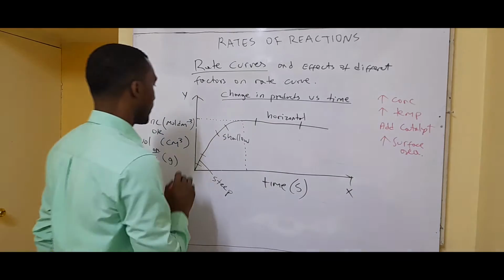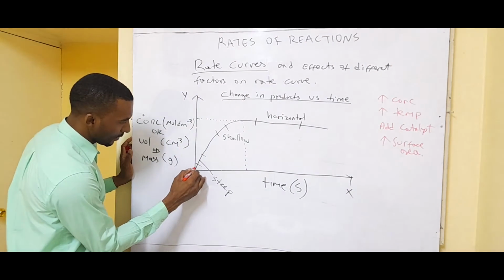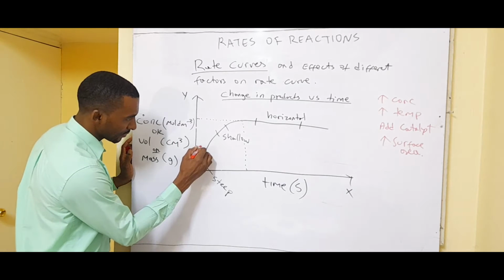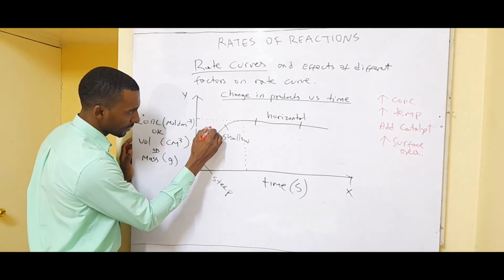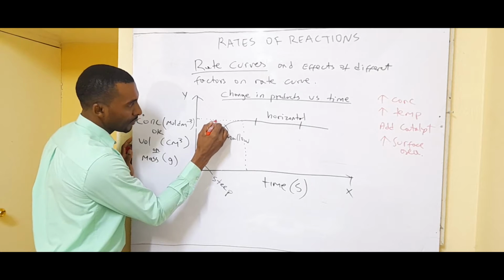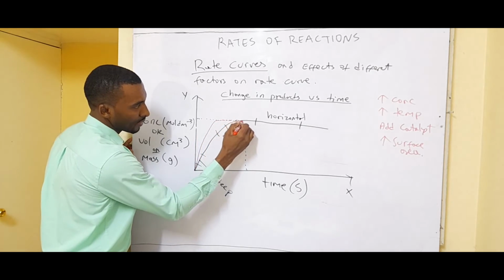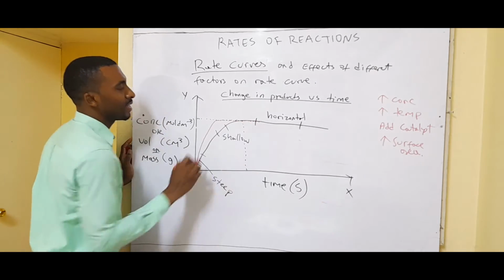Right? This is how the graph would look. So, the initial aspect of the graph, the rate would be faster. But the important thing to note here is that it's still going to plateau and become horizontal at the same level.